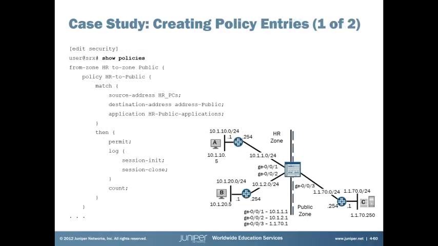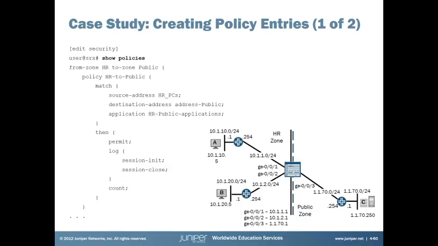Okay, so this is our policy now. So it's from zone HR to zone public, and the policy is called HR to public. What we are matching is source address HRPCs, which included PCA and PCB in the HR zone.